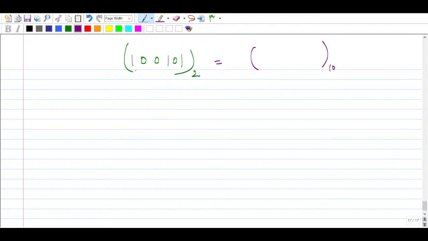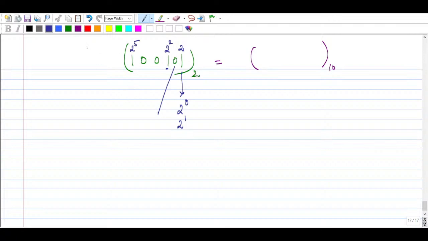If you have got binary here, put the positional weight of this number. So 1 is 2 raised to power 0, here it is raised to power 1, you have to multiply as well, and this is going to be 2 raised to power 2, power 3, 2 raised to power 4, and 2 raised to power 5.